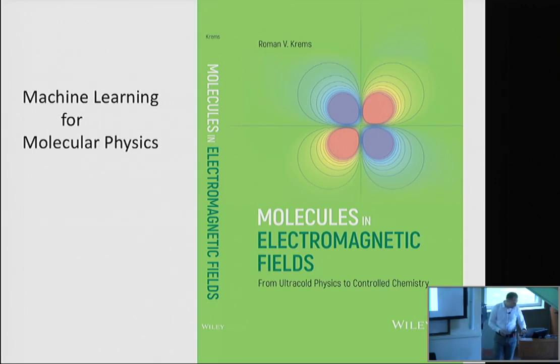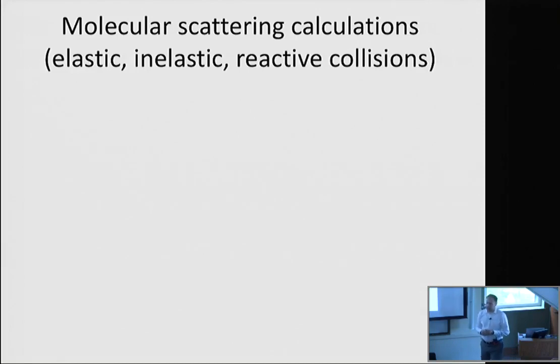So what I'm going to be talking about today is molecular scattering calculations: elastic, inelastic, reactive. I don't need to tell you why these are important, and there are a lot of reasons why we want to be able to do molecular scattering calculations precisely, ranging from pressure standards to applications in astrophysics and chemistry. I'm not going to say anything about that.